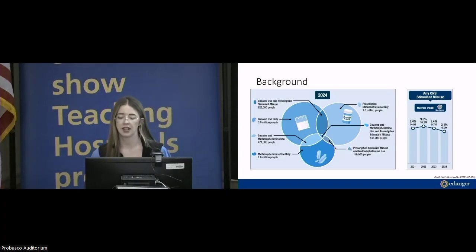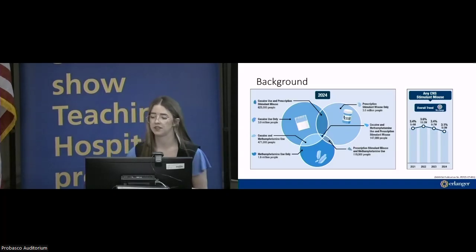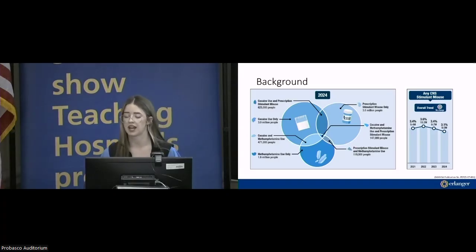The figure on the right shows that overall prevalence of CNS stimulant misuse has remained fairly stable over the last few years. So it's not a rare problem. It's something that is encountered often in EDs and ICUs. For pharmacists, this underscores the importance of quickly recognizing the toxidrome and anticipating complications like hyperthermia, arrhythmias, and hypertensive emergencies.